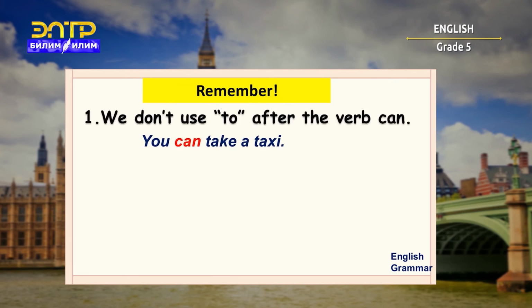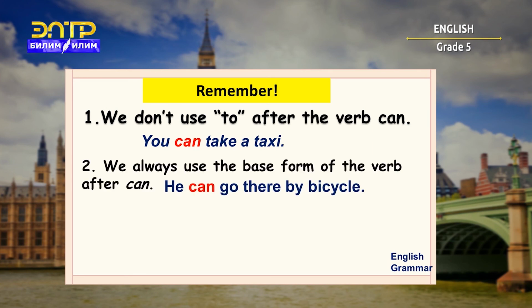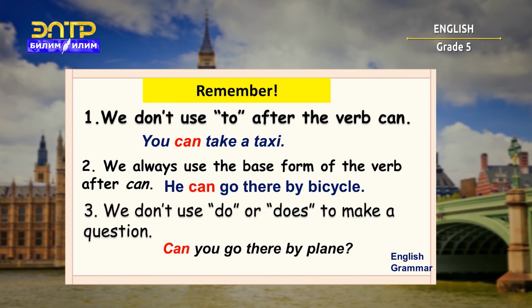Remember, we don't use to after the verb can. We always use the base form of the verb after can. We don't use do or does to make a question.